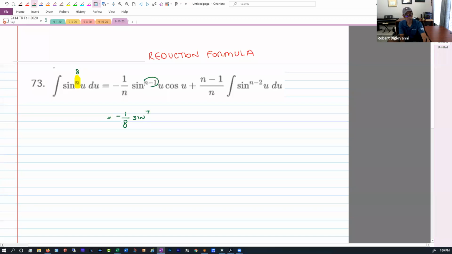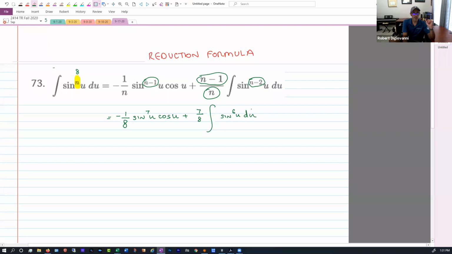Do y'all see that? n minus 1. u cosine u plus, n minus 1 is 7/8, so 7/8 integral sine to the n minus 2, 6th power u du. Make sense?